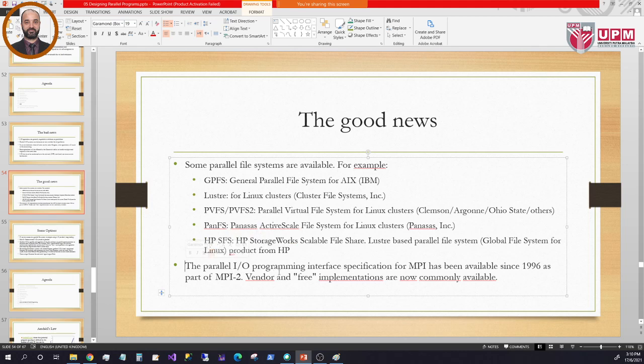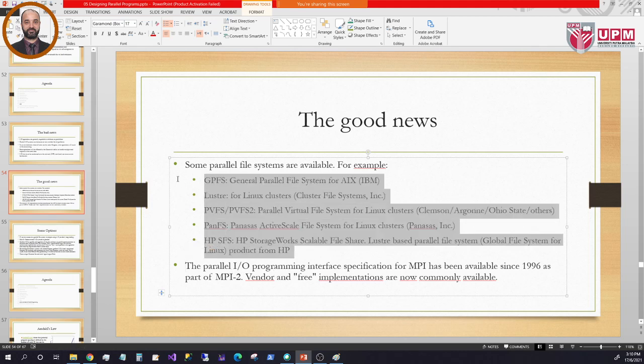Okay, the parallel I/O. This is actually general information. If you go even to Wikipedia, you may find more information than that. The parallel I/O programming interface specification for MPI has been available since 1996 as a part of MPI-2.